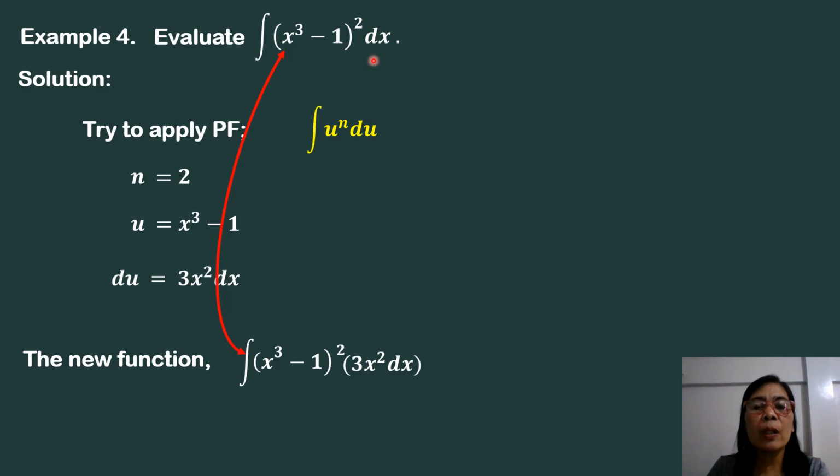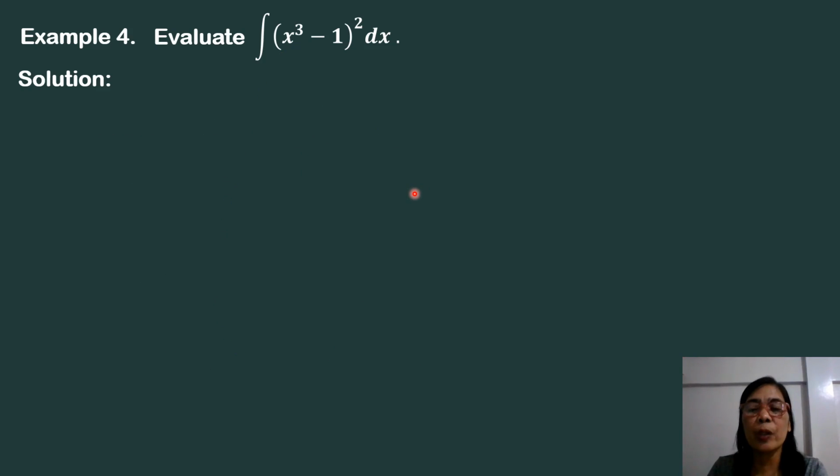Notice that this given function and the new function differ by a factor 3x squared. If the two functions differ by a factor containing the variable of integration, that means you cannot apply the desired formula. So erase this whole thing and think of another way of writing the function.